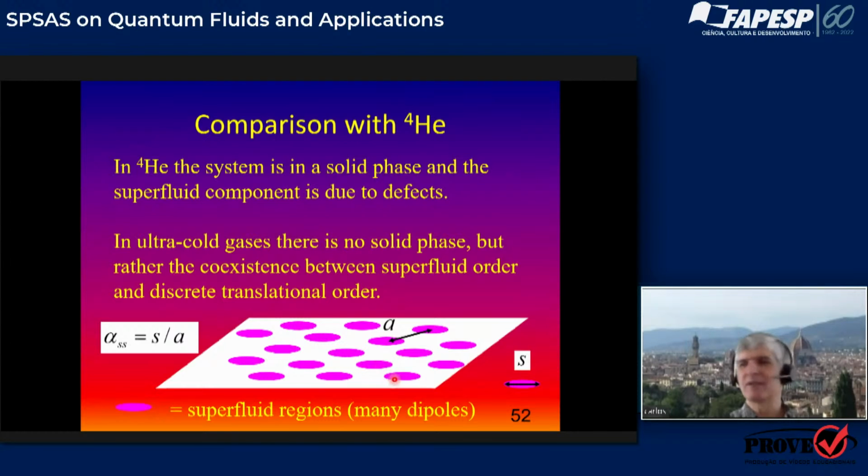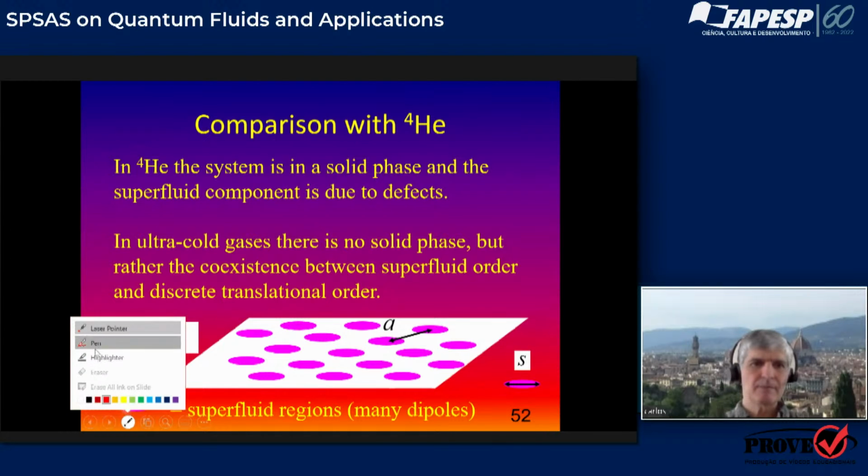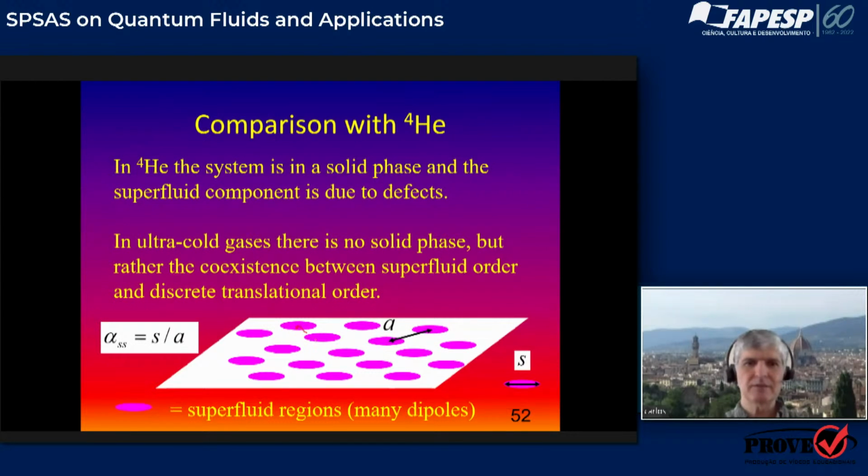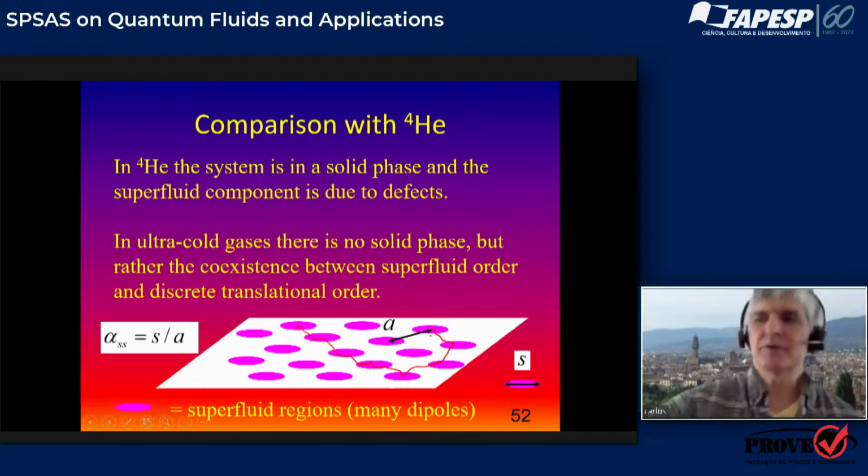So some path, I can even draw a little path. In order for them to do this, they will need to be phase coherent. So we can imagine motion of those objects going from place to place in a coherent way. So the droplets have to be phase coherent.